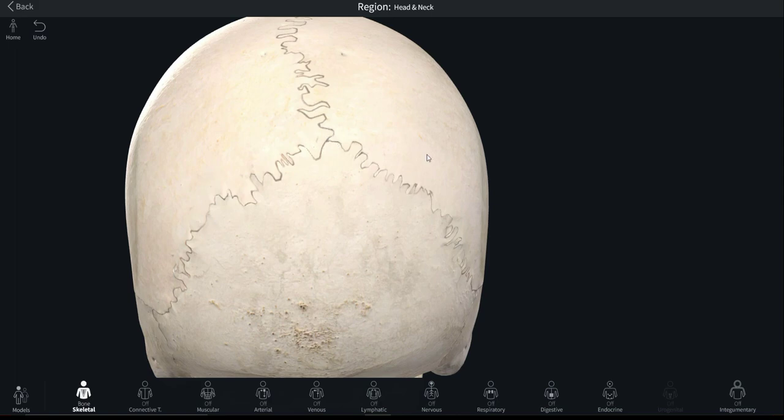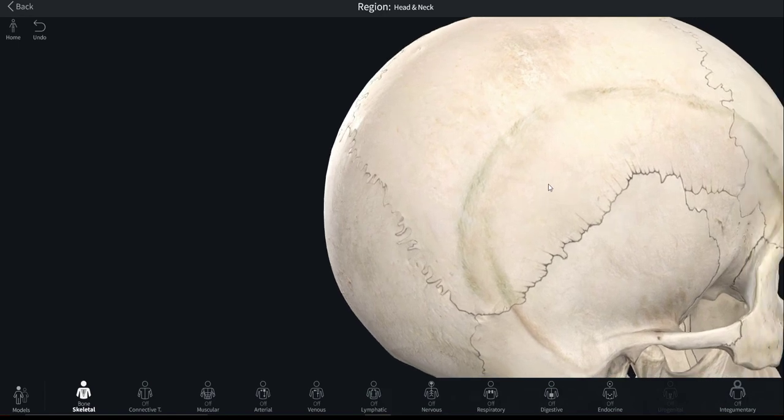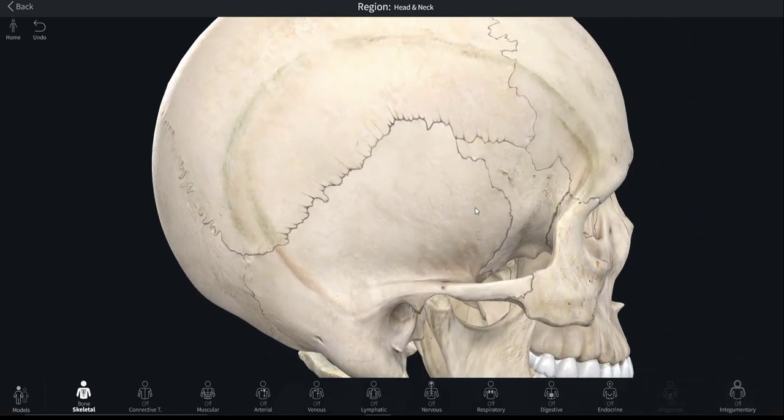Now, let me draw your attention one more time over here. We talked about the inferior border, right? And this is the antero-inferior angle, which is prolonged, right? Now, look over here.